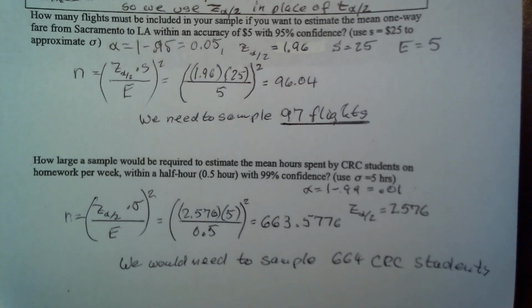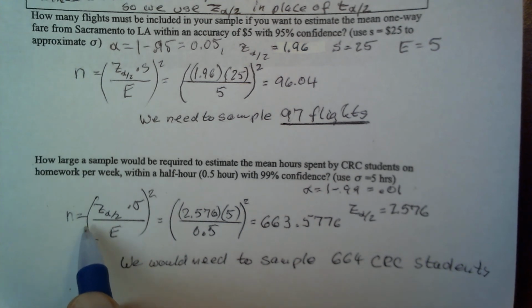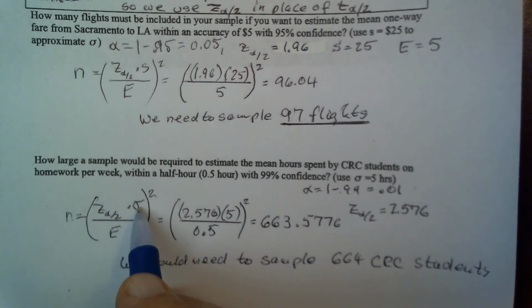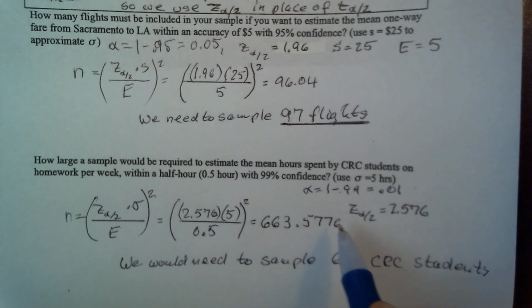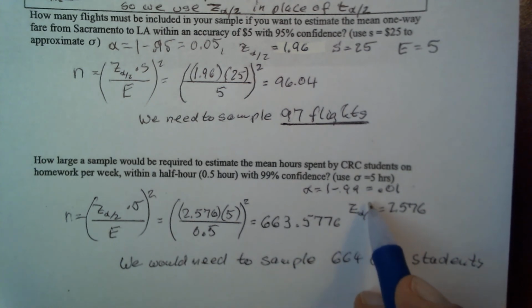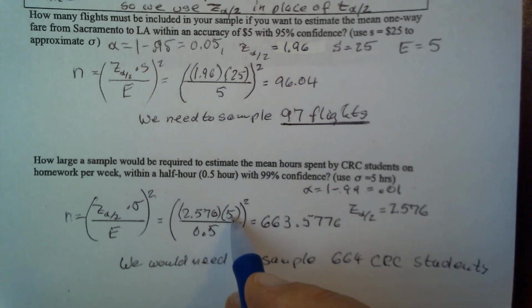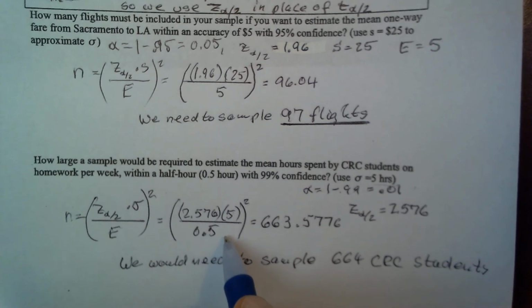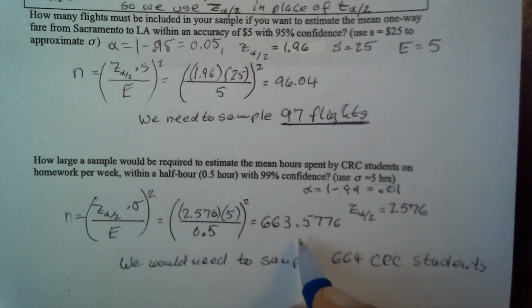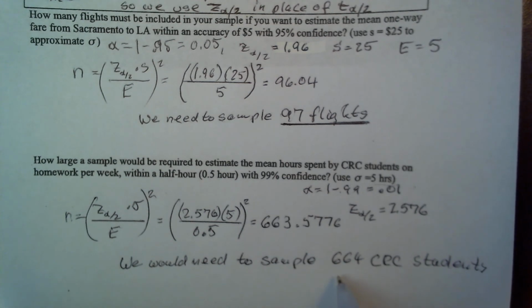So in this exercise, again n is equal to z sub alpha divided by 2 times sigma, the standard deviation of the population, divided by the margin of error, squared. And so we know that z sub alpha divided by 2 for alpha being 0.01 is 2.576, times 5, the standard deviation, divided by 0.5, and that's 663.57, etc. So we need to round it up to 664.